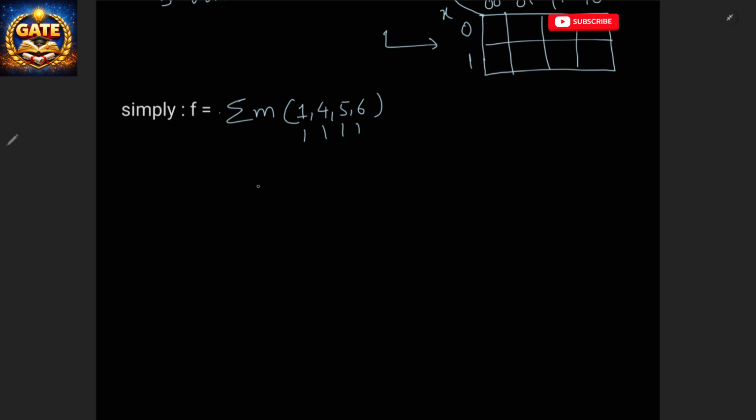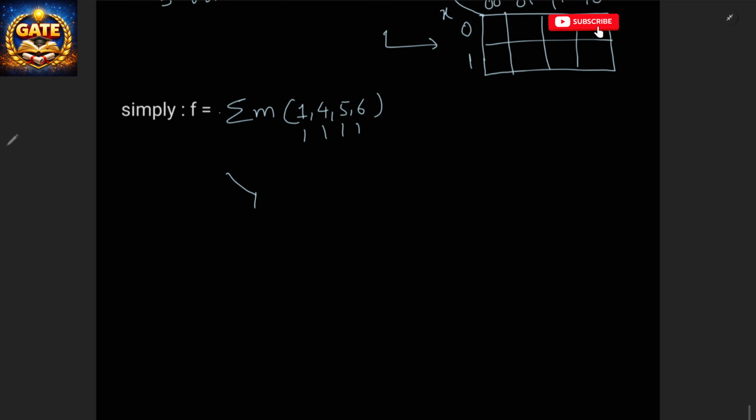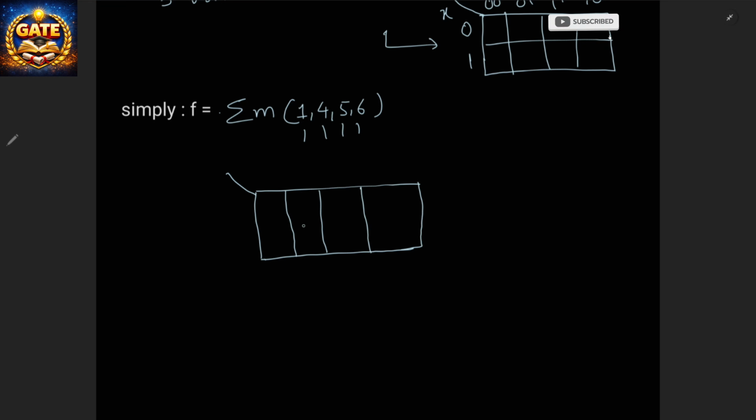They are three-variable terms, right? Three variables means, as said, eight cells. So form eight cells. Consider A and BC, with BC as 00, 01, 11, 10.